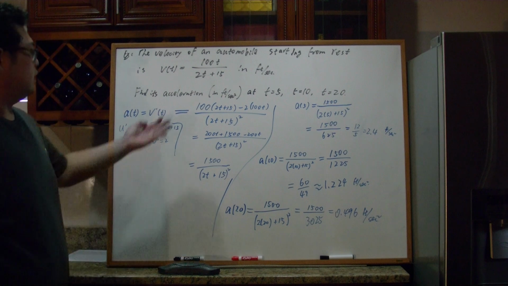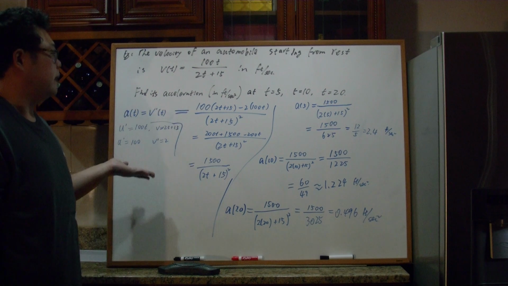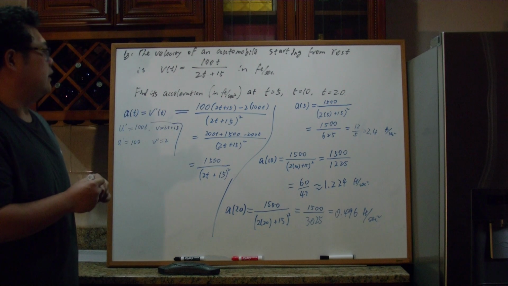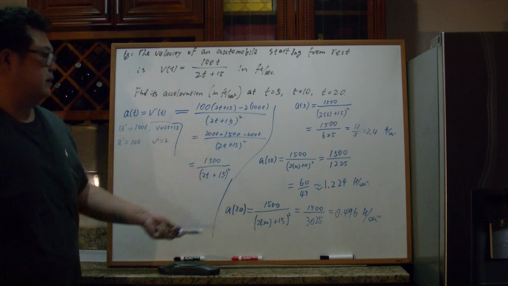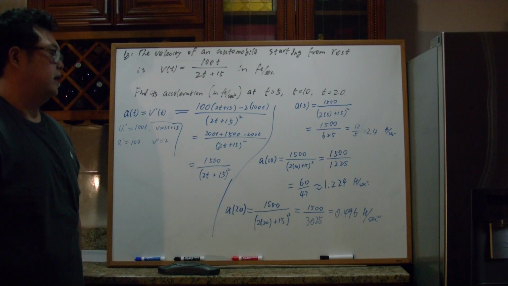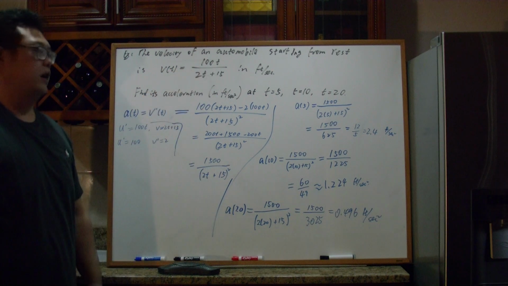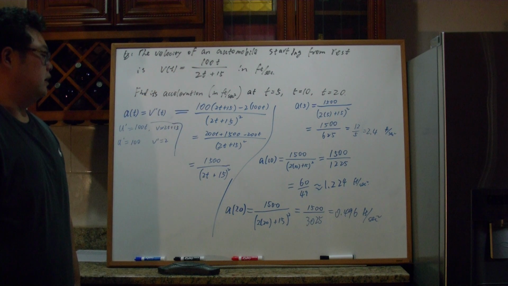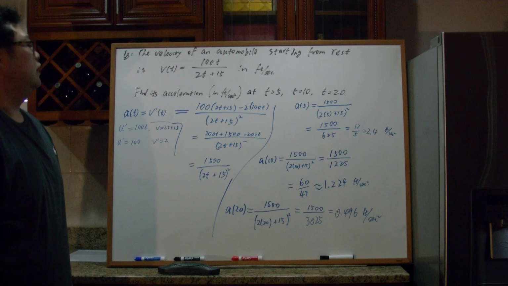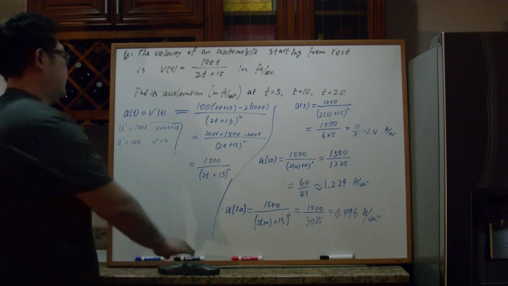So we find the acceleration function by the quotient rule, and then for the acceleration at a given time, we just substitute the time into the acceleration function. What we can observe from the velocity and from the acceleration are simply what I had mentioned already, right?